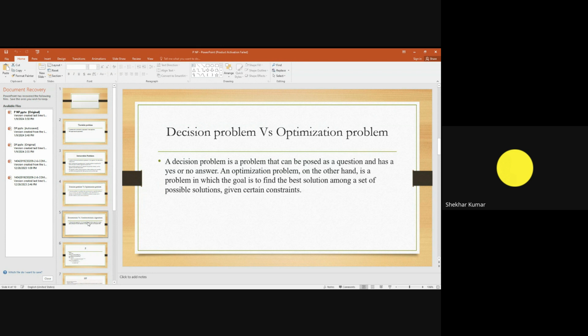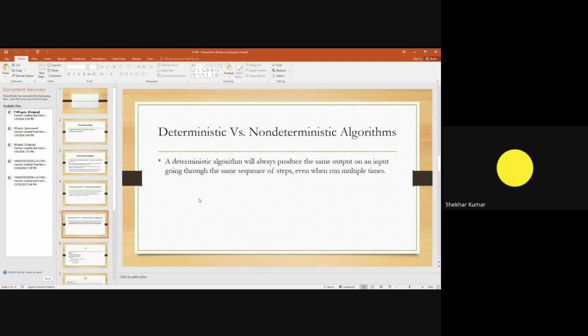Next is the deterministic and non-deterministic problem. A deterministic algorithm is a type of algorithm in which the result of every step is uniquely defined. For example, we have discussed so many algorithms: linear search, binary search, quick sort, merge sort. The result of these algorithms is uniquely defined.